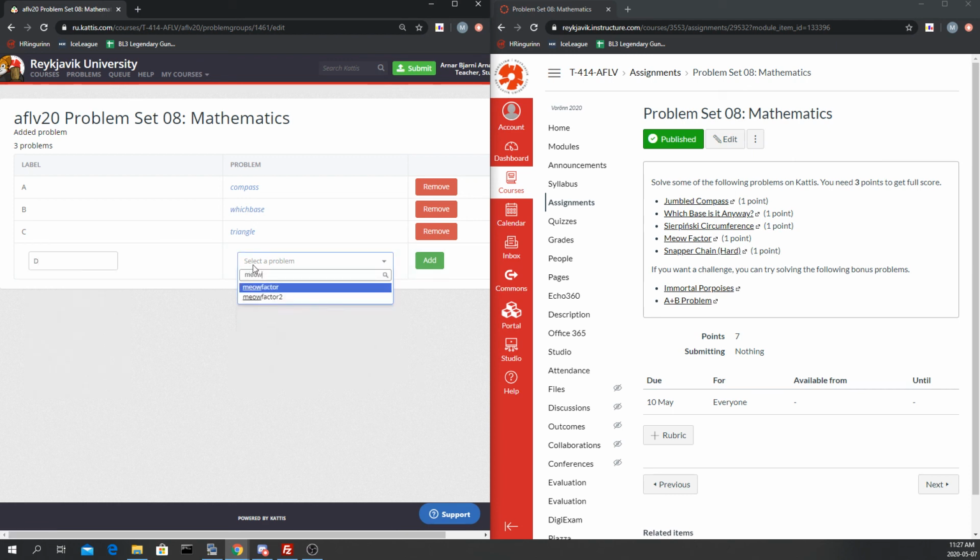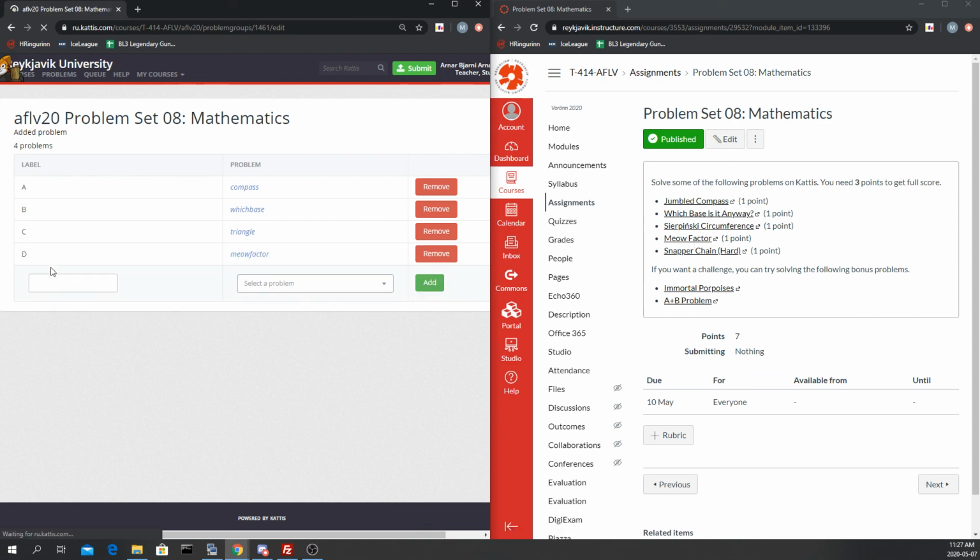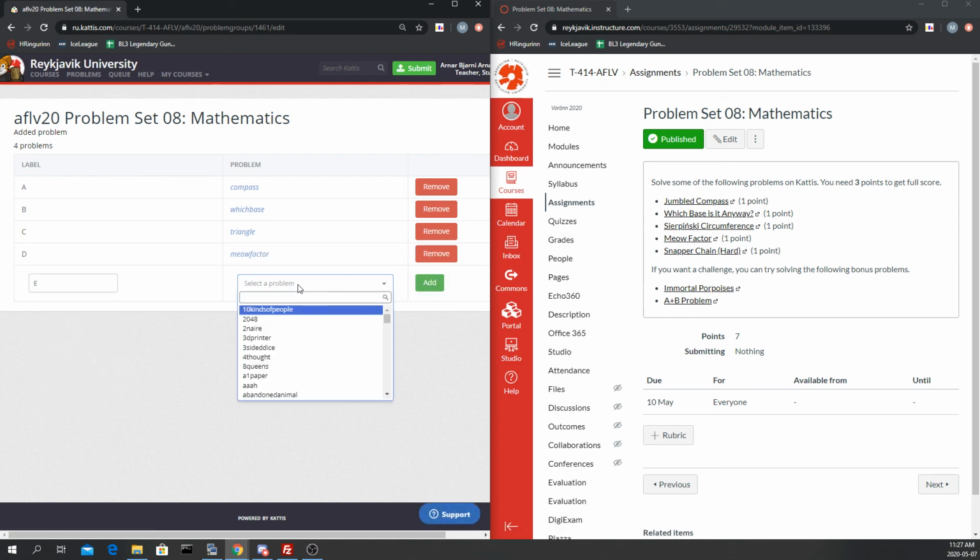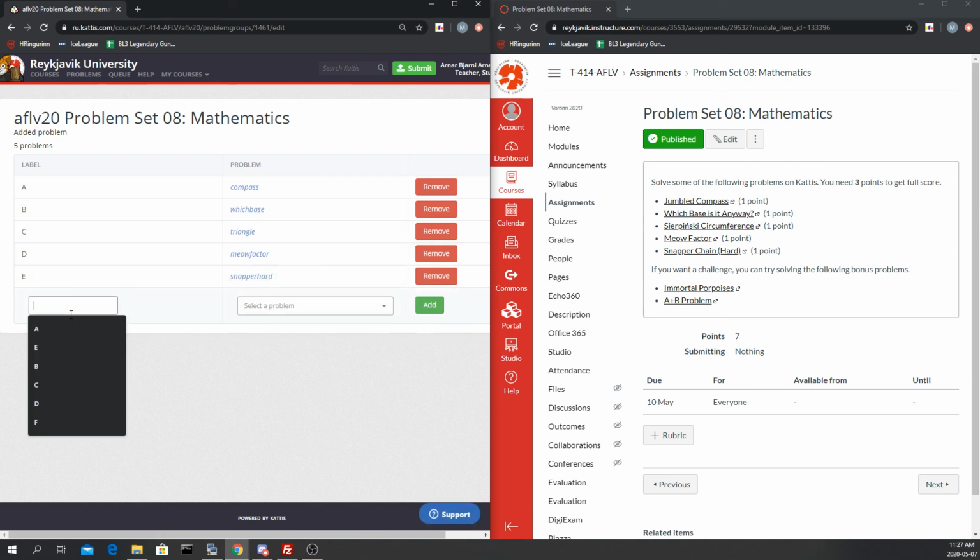We have The Meow Factor, number 1, and we have Snapper Chain, and then 2 bonus problems, Immortal Porpoises and the A Plus B problem.